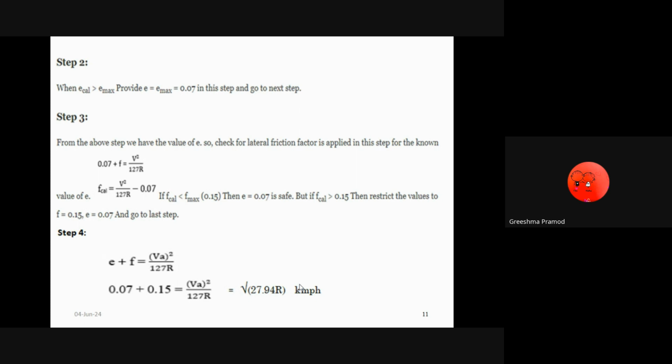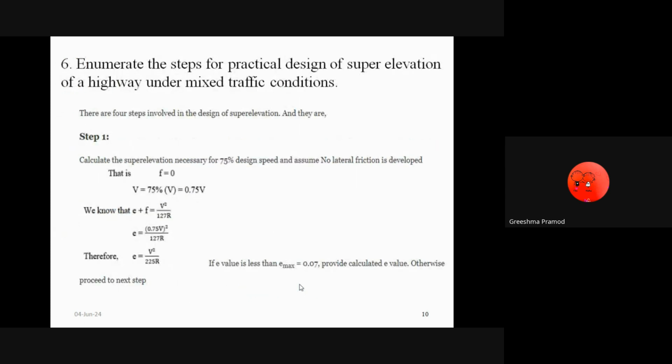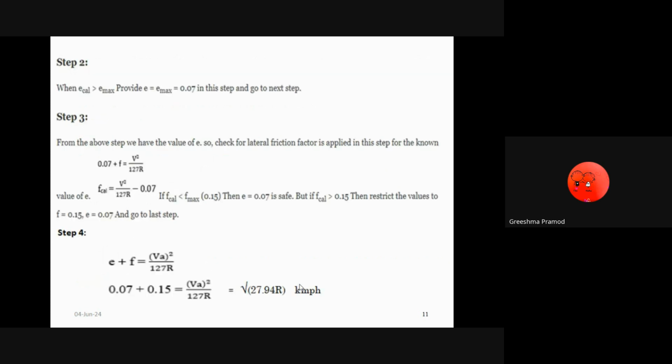So this is how you need to do it. What is the first step? You need to find the superelevation necessary for 75% of the design speed, neglecting friction. The value must be within 0.07. If it is greater than 0.07, you proceed to the next step, giving the maximum value for E as 0.07 and find F from the basic equation of superelevation. If that F value is less than 0.15, stop over here.